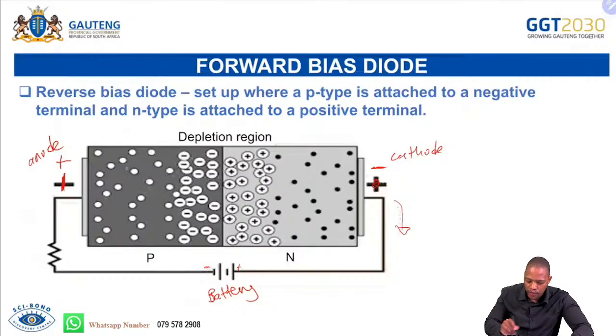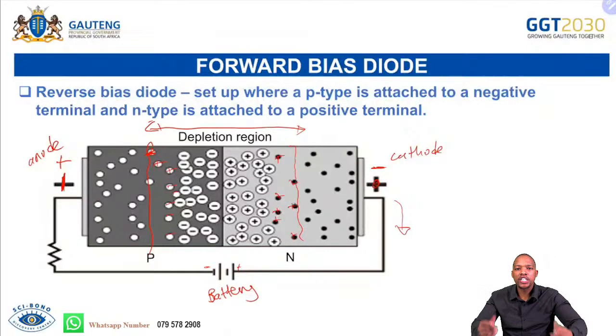So we are not having a full loop of electrons moving. We keep on increasing the negative charges this side and the positive charges this side, so we are having an increase of the depletion region.